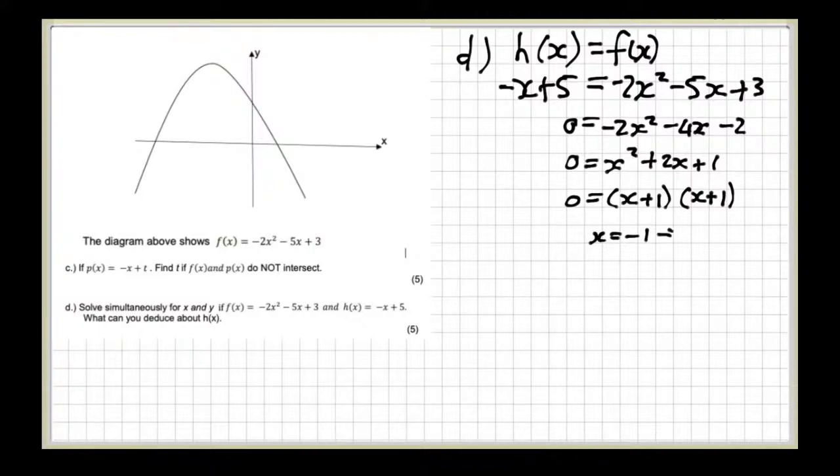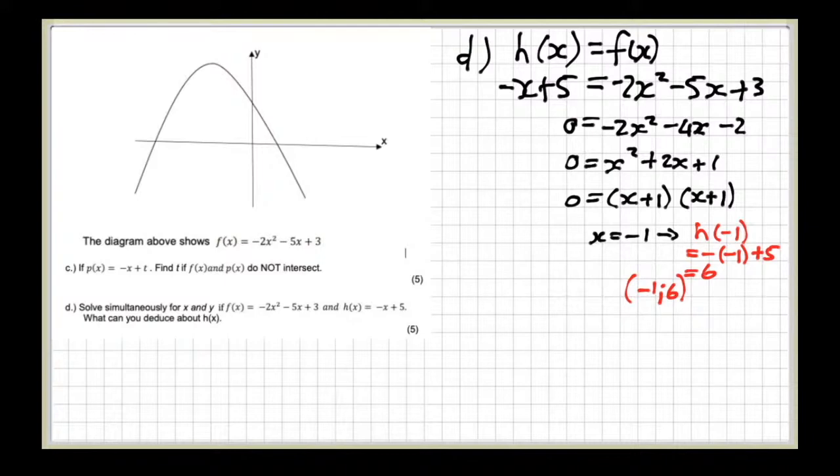Which means I will only have one y value. So if I have one y value, let's use the easiest one, which is h of x in this case. H of negative 1 is negative 1 plus 5. So my answer is 6. Which means the graphs intersect at negative 1, 6.